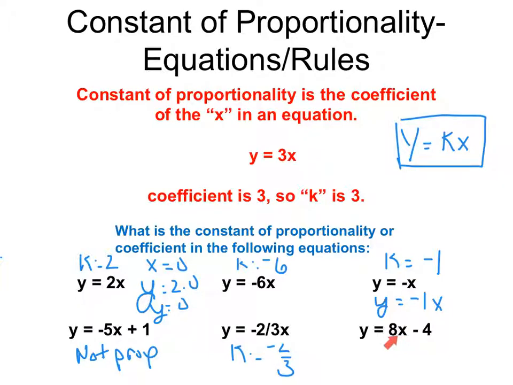Again, if I replace x with 0, I would have 8 times 0 is 0. 0 minus 4 would be -4. So I would have x is 0 and y is equal to -4. And because of this -4, or adding a -4, that graph will never go through the point (0, 0). So this one is also not proportional.